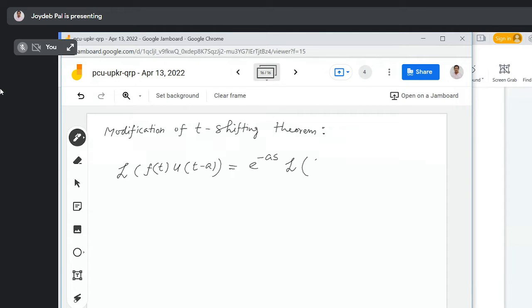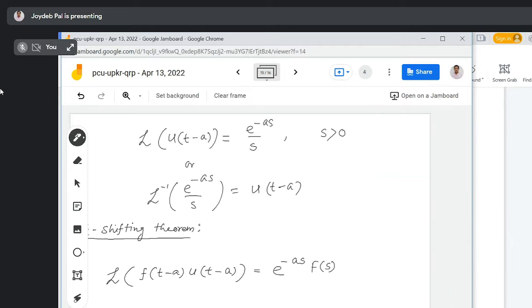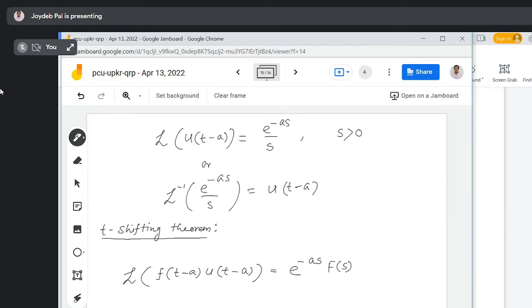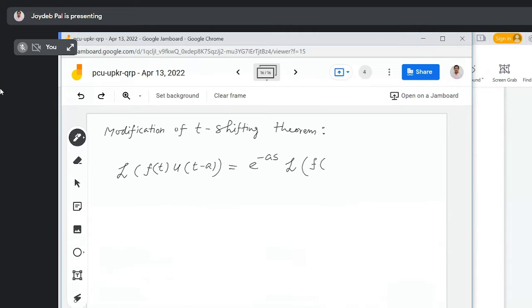Previously it was F(s), the Laplace transform of f(t). But the modification rule says that the Laplace transform of f(t) into u(t minus a) is e to the power minus as into the Laplace transform of f(t plus a).